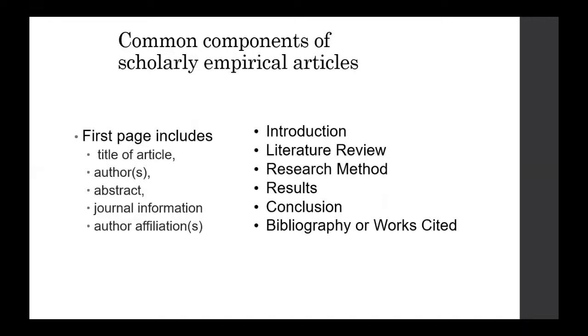So the first page will typically include the title of the article, the author or authors, the abstract, which is the summary of the article, journal information, and author affiliations, because usually the authors are going to be connected to a college or a university or an institute or organization, which helps verify that they're legitimate experts in the field that they're writing in. And then there are some common sections.